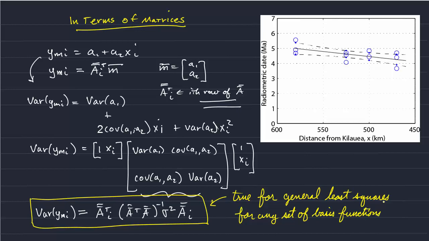In the case we've just used, where we're dealing with a line, the basis functions were a constant and x, but they could be polynomial functions or any basis functions. And we can use this matrix equation as long as A is defined, and we can estimate sigma squared.